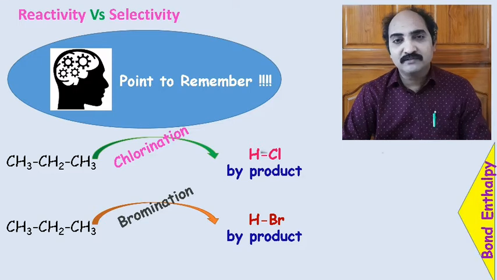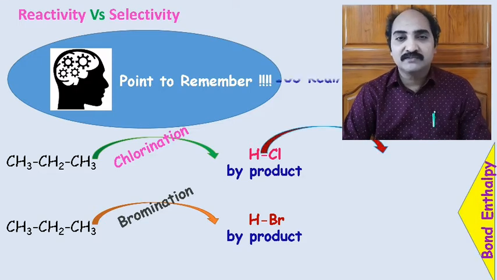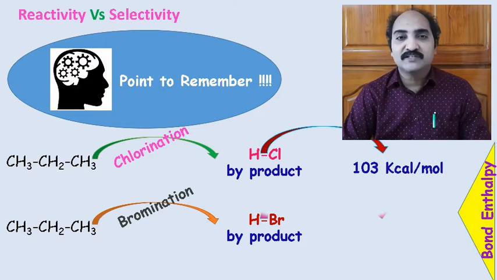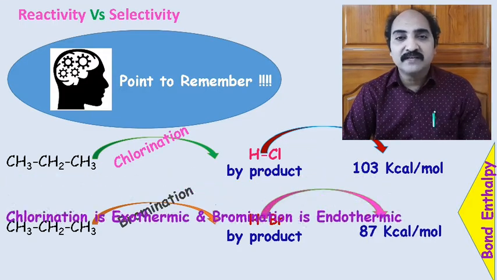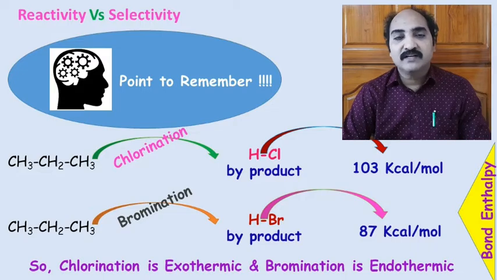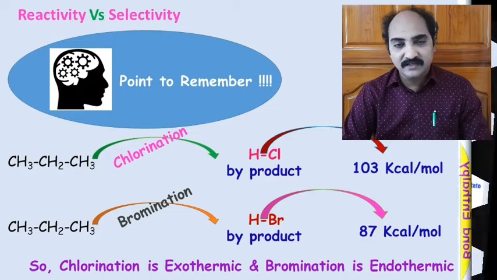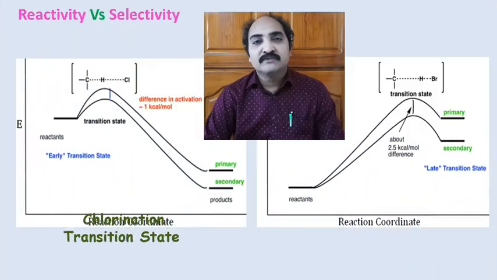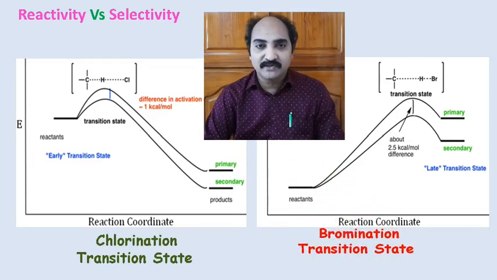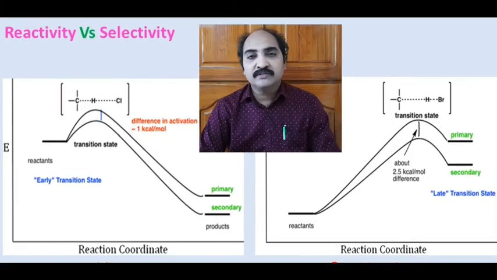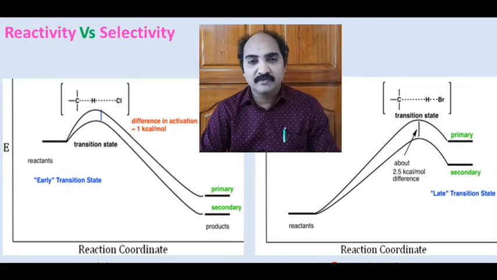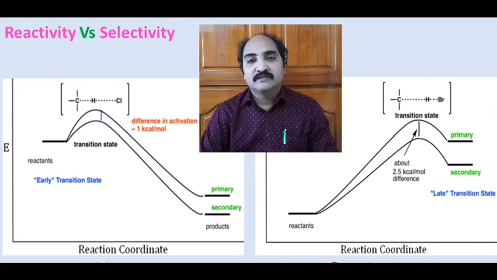If we closely observe the bond formation energies of HCl as well as HBr, there is a difference. This difference makes the reactions proceed via different transition states. Chlorination has an early transition state formation, whereas bromination is a late transition state formation reaction. Chlorination of alkanes is an exothermic phenomenon, whereas the bromination of alkanes is an endothermic phenomenon.